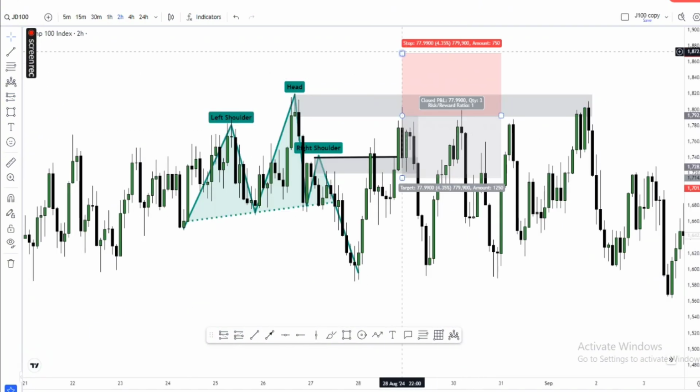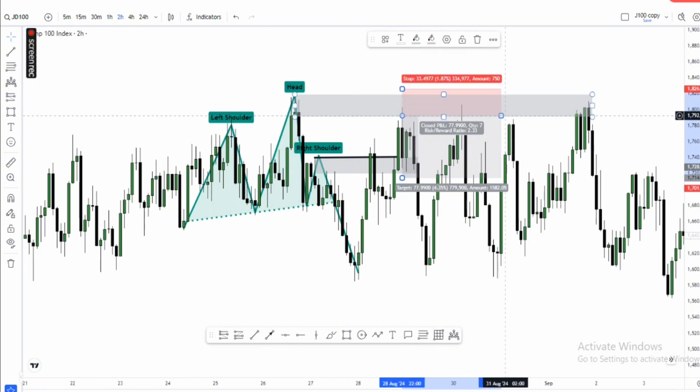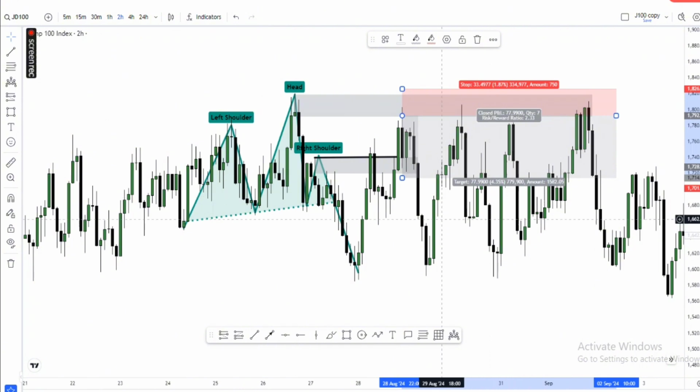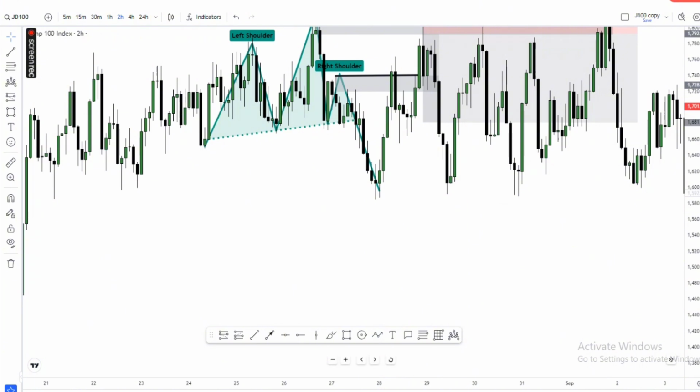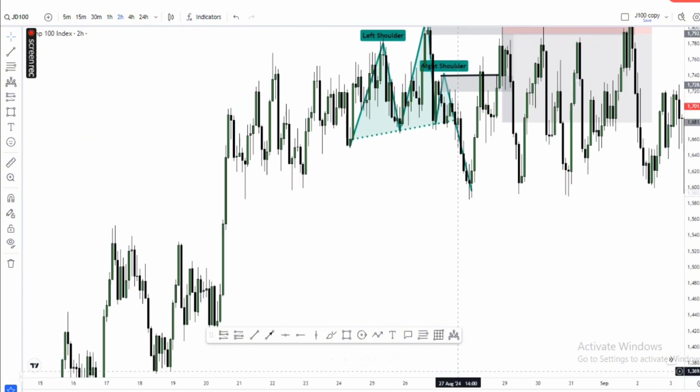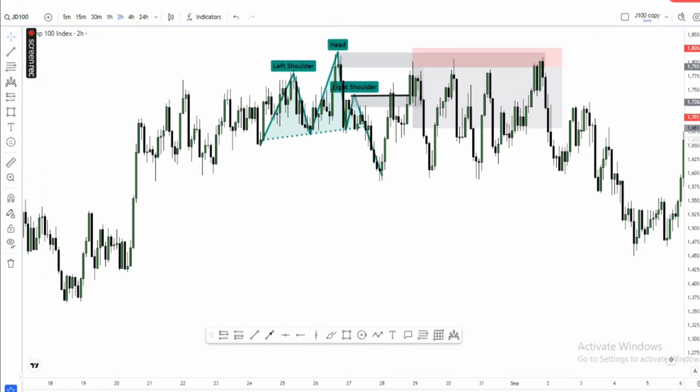So you enter right here, your stop loss a little bit above this high right here, the head, and you target your nice 1:3, okay. Or if you are doing extended TP, that's what is left to you. So you target the possible trend line liquidity or the possible inducement.